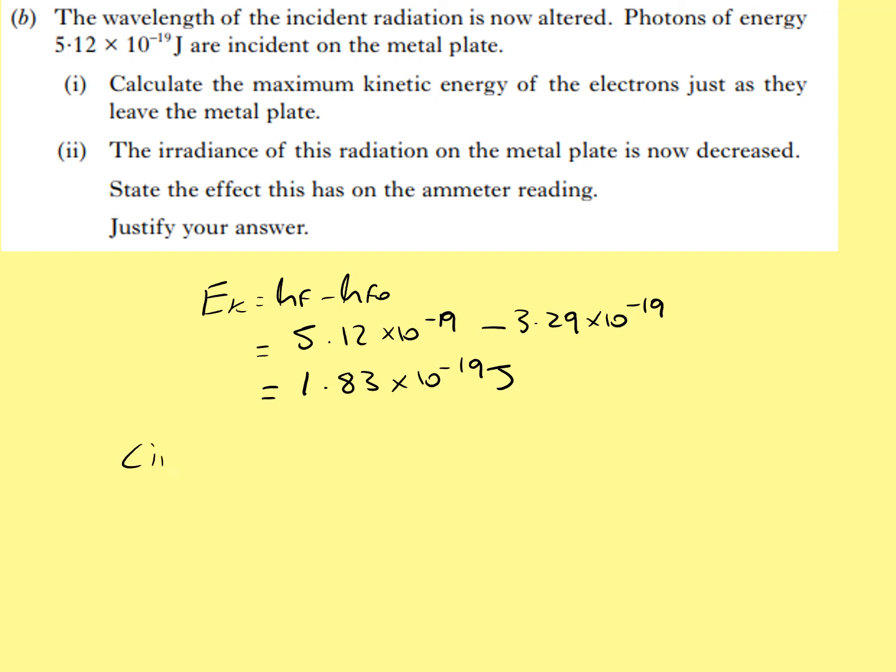In the second part, we're asked about the irradiance. So the irradiance of this radiation is now decreased. State the effect this has on the ammeter reading. Well, if the irradiance has gone down, that means the number of photons per second per meter squared has decreased.